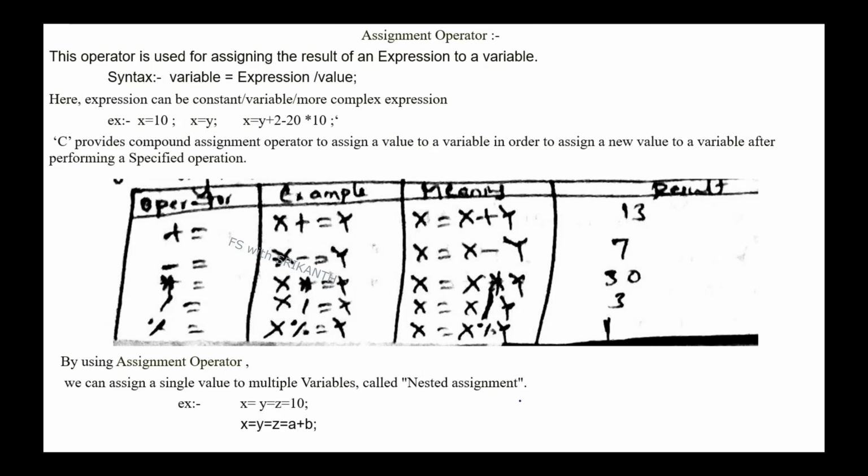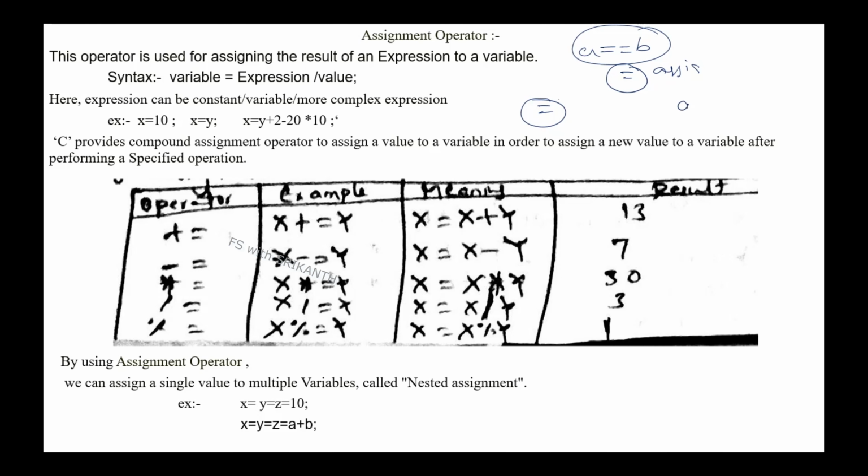Next one, assignment operator. The assignment operator is nothing but equal. With the help of this operator, we assign the value. Previously, equal in the sense of comparison. Here this is assign.